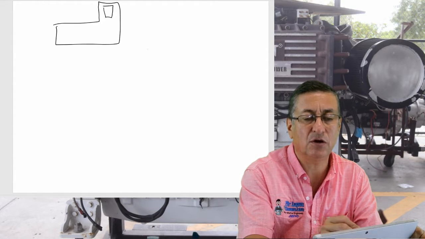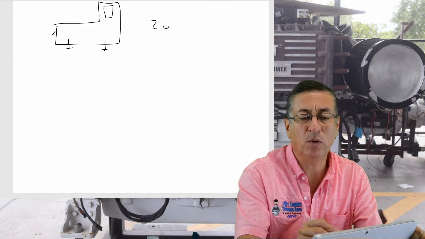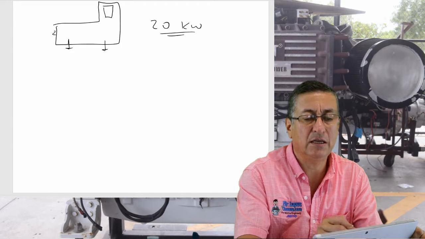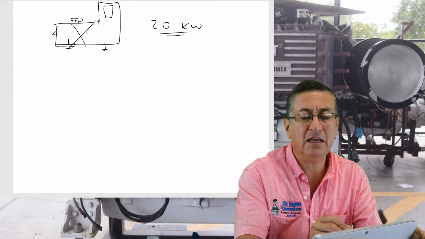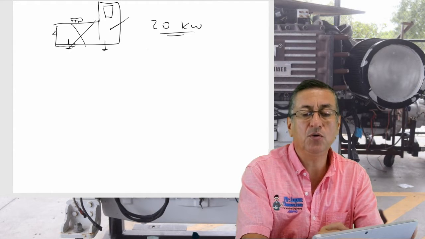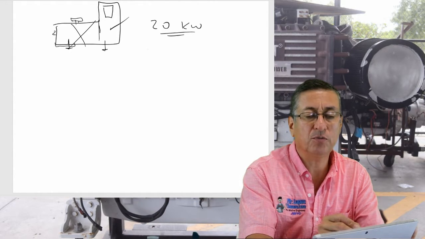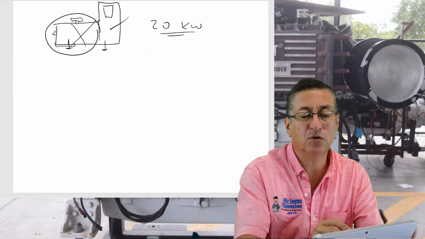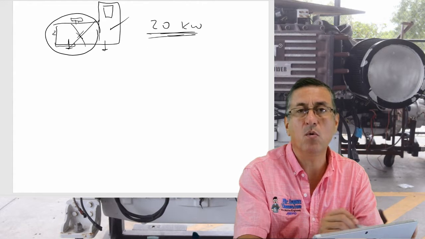You have a generator of 20 kilowatts, and this is the engine. The engine is broken. The back end is in perfect condition, but the engine is broken. And you need to know the minimum horsepower that you need in order to replace that engine with another one in order to supply 20 kilowatts.